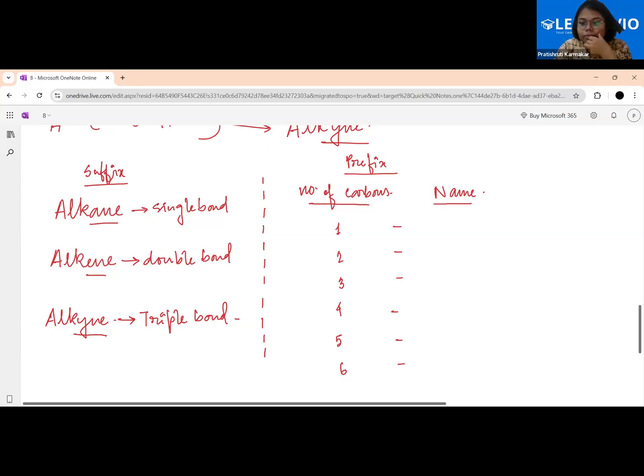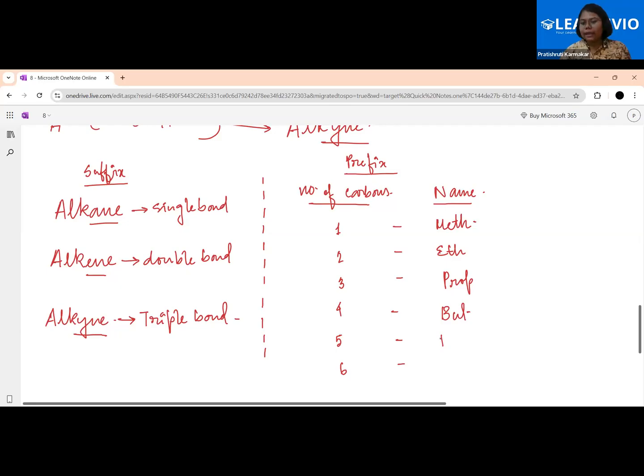Not methane. The prefix will be meth. Now, can Neha tell me what will be the prefix if the number of carbon is 2? Ethane. It's right. Now, for 3, Fatima, tell me. It will be prop. 4, Neha. Bute. Good.